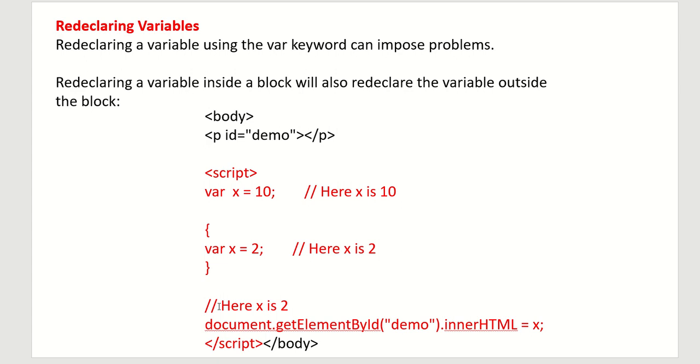Now after this, if you are writing document.getElementById("demo").innerHTML equal to x, obviously it will take x as 2, not 10, because we have redeclared. Initially it was 10, then we redeclared and it becomes 2. That's why here it will print 2.